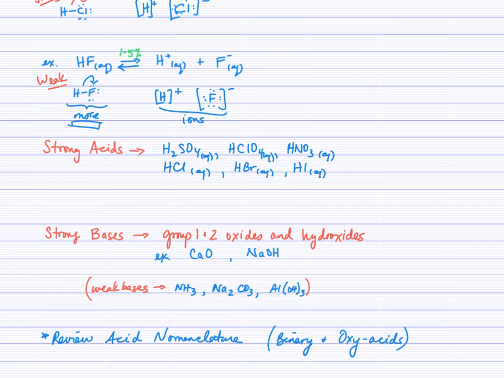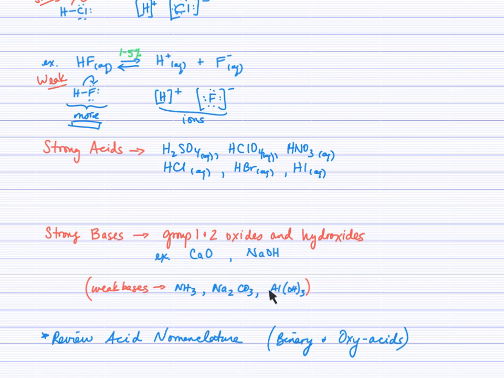In terms of strong bases, it's the group 1 and 2. So think of group 1 and 2 metals, oxides and hydroxides. For example, here's a group 2 oxide, calcium oxide. Here's a group 1 hydroxide, sodium hydroxide. So group 1 and 2 oxides and hydroxides are strong bases. Everything else is weak.